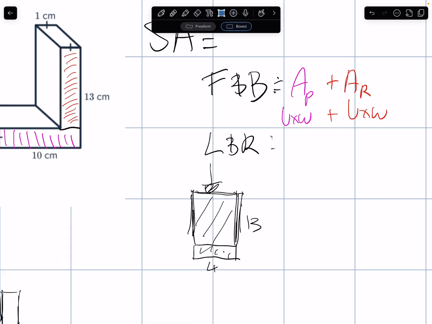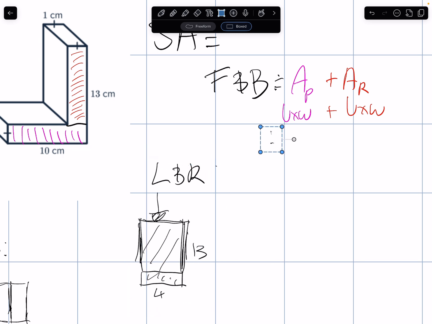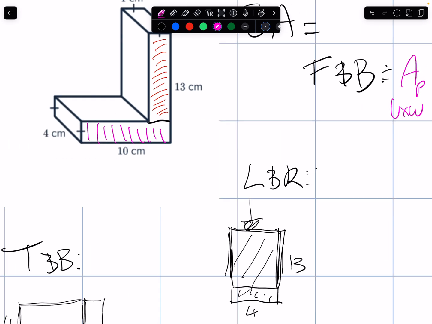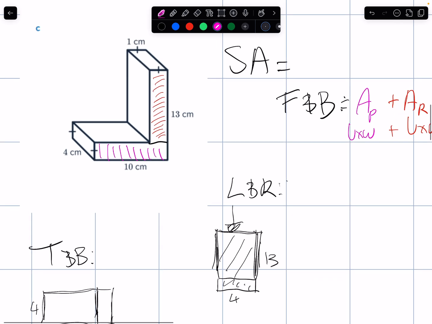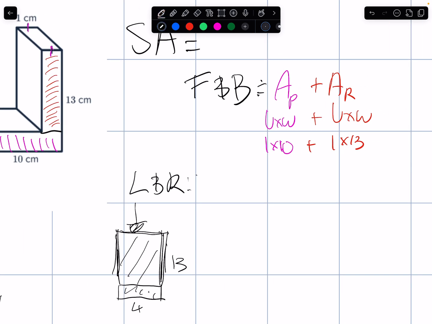Let's just put you over here for now. Now, pink area, we can see this is one, this is one, so that is one, and this is also one. So length times width is 1 times 10 plus length times width, which is 1 times 13. So the area is equal to 10 plus 13, which is 23 centimeters squared.